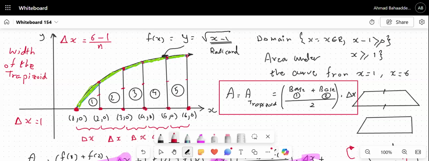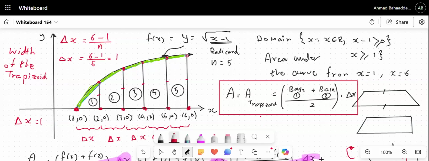But how much is n here? In this question, guys, I can say that n equals 5 because I made 5 different areas. So 6 minus 1 over 5 gives me 5 over 5, which is 1. That's why delta x in this example is 1.